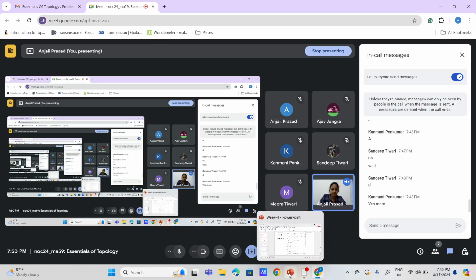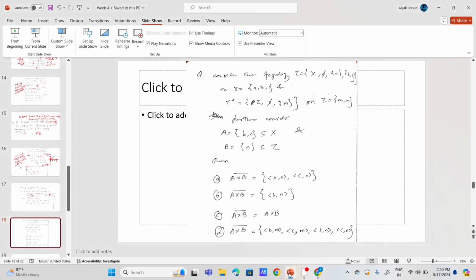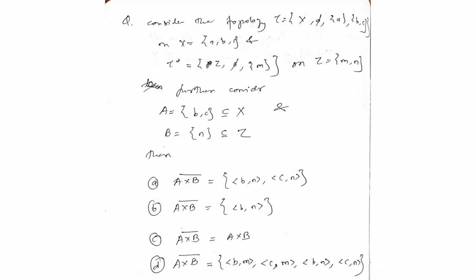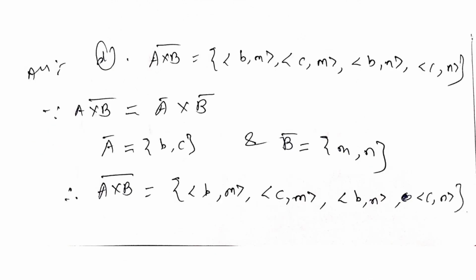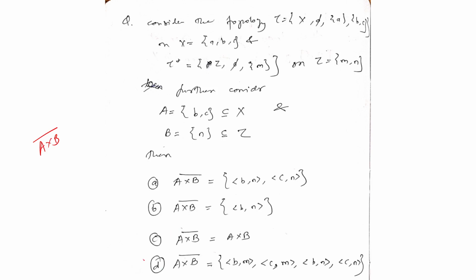Shall we move to the answer part? Okay. So for finding, you need to find the closure of A cross B. So how did you proceed? You will get correct option as D. Option D is correct. Why so?